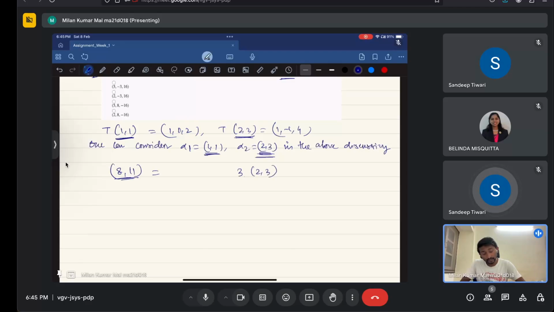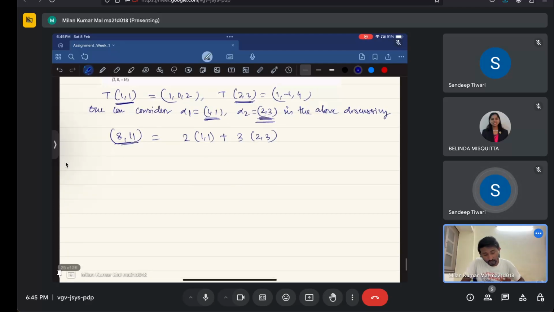So we write 3(2,3), which gives (6,9), and to get 8 and 11 we add 2(1,1). 2 plus 6 is 8, 2 plus 9 is 11. Yes, that's correct. So this is the way.